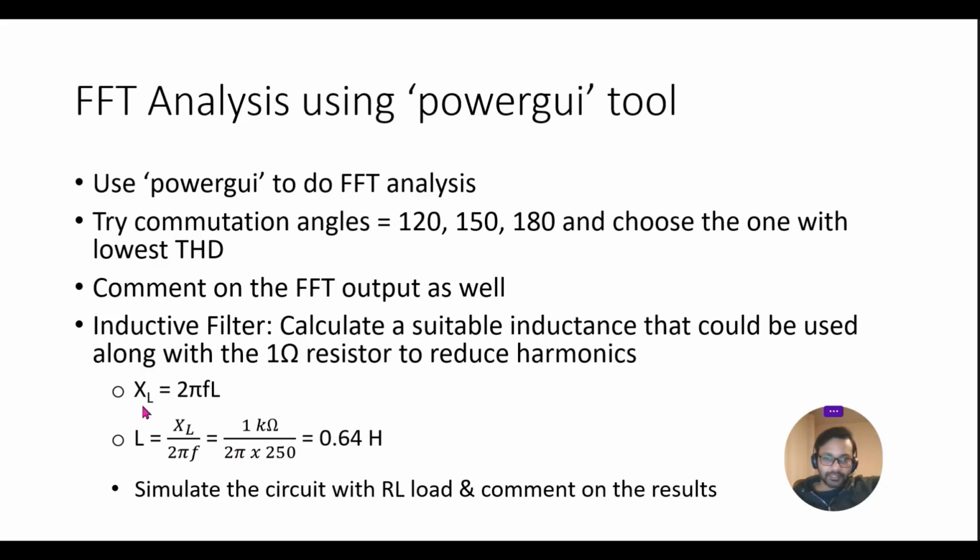Basically inductive reactance is 2 pi FL, and from that if we calculate the value of inductance L, we get this as 0.64 Henry. Okay, so let's try and include this inductor as well.